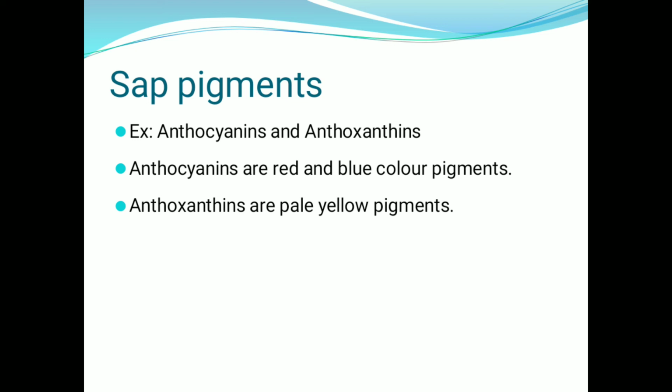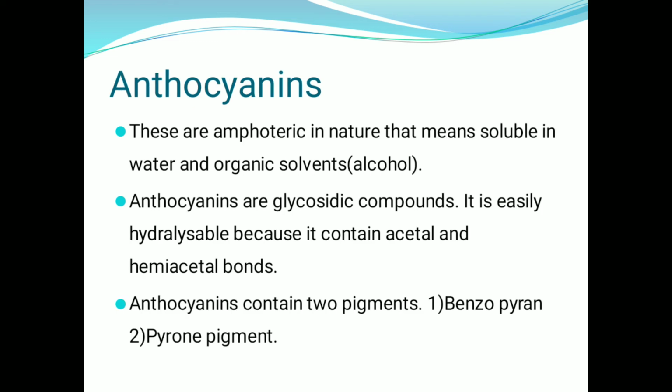Anthocyanins are red and blue color pigments. Anthoxanthins are pale yellow pigments.